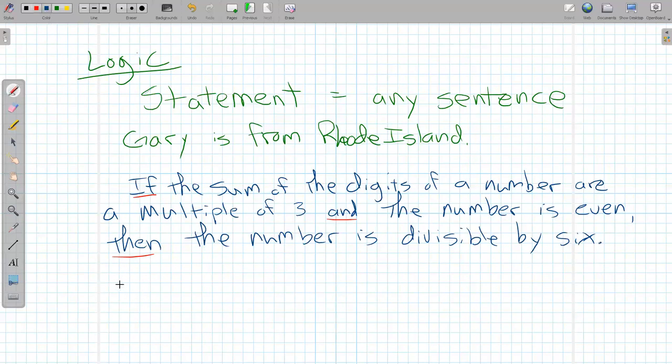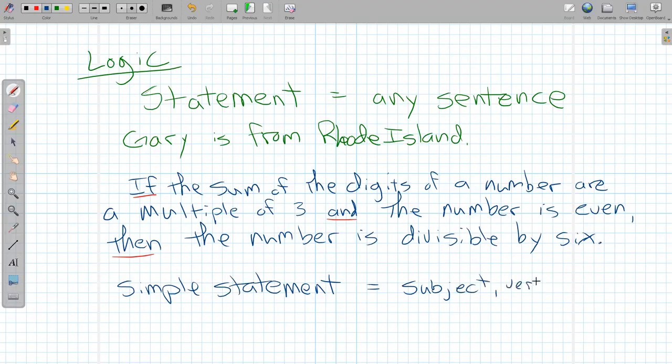So a statement's a pretty general thing. We can have an idea called a simple statement, which could just be a subject, a verb, and an object. And then we can build those up with other modifiers and conjunctions.